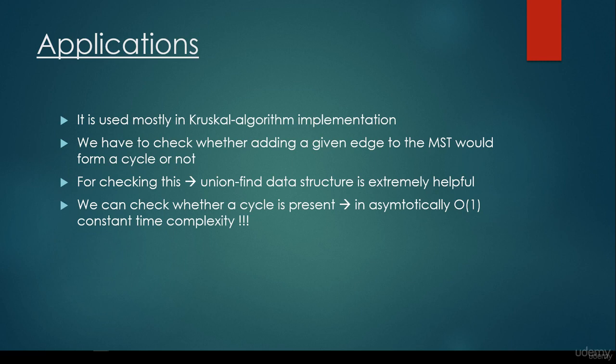And you may pose the question that, okay, why is it asymptotically O(1)? Because of the path compression, these nodes and vertices will be connected to the representative directly, and that's why next time it's going to take O(1) time complexity to find them. And basically that's why we say that asymptotically it takes O(1) time complexity to check whether there's a cycle in Kruskal's algorithm or not.